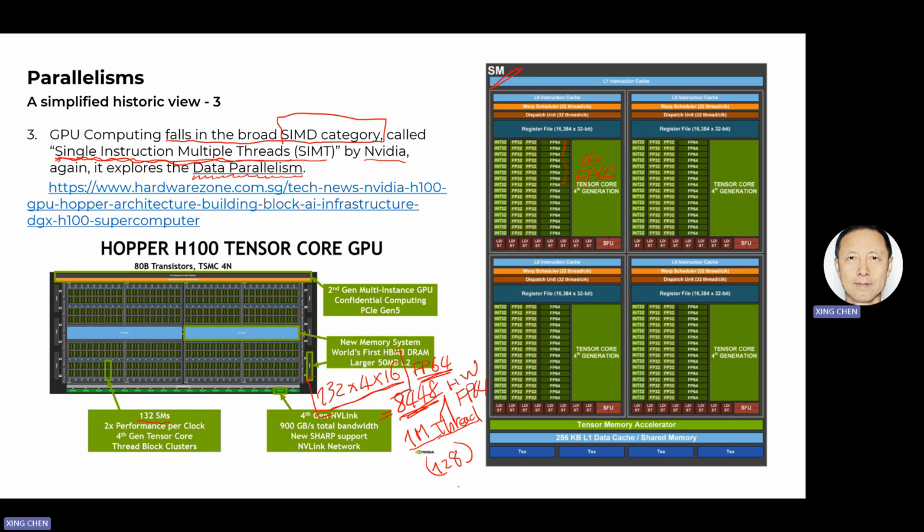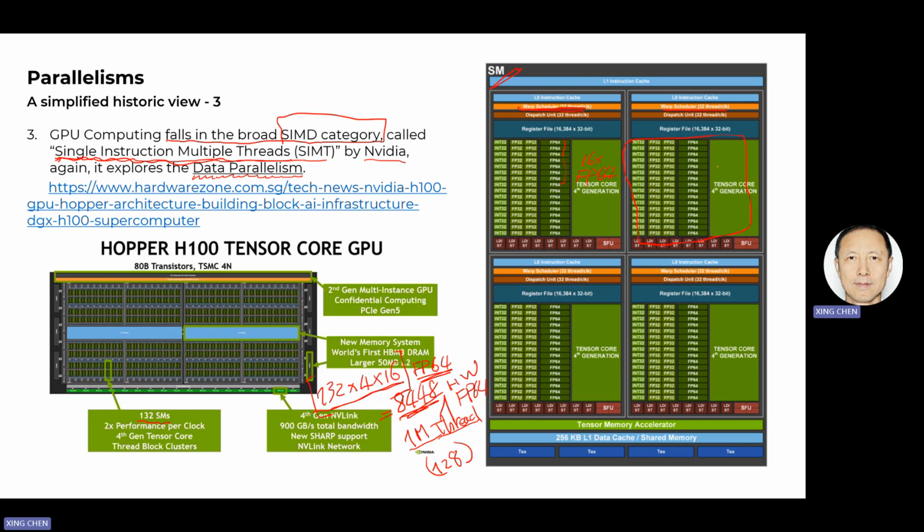We won't dive too much into these technical details. Here it's called the warp scheduler, and the warp scheduler can schedule 32 threads to be executed on this subdivision of the SM in just one clock.